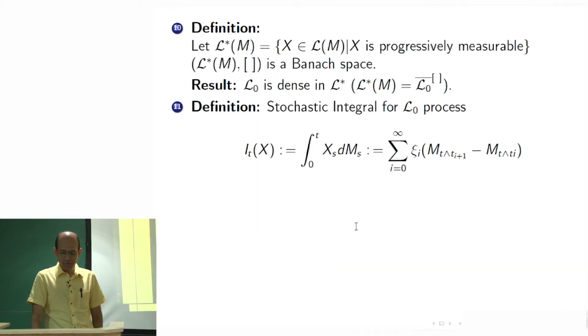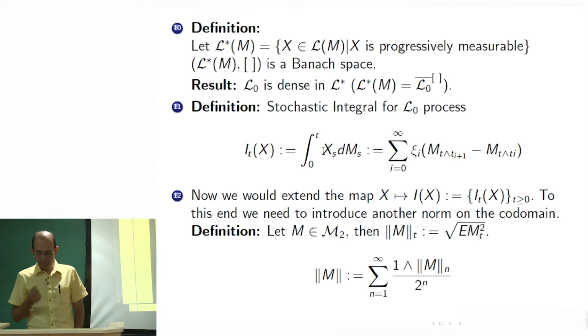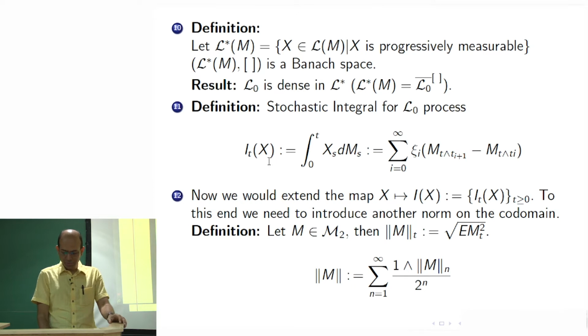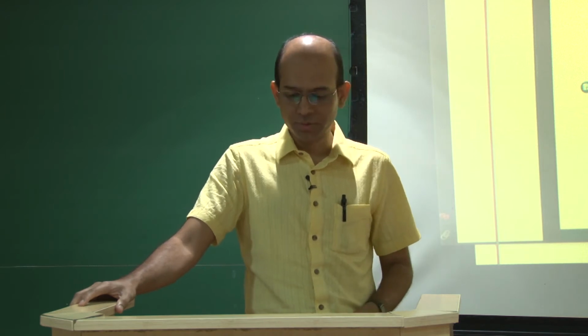Then we considered the integration of the integrand. We started only with the simple process. For a simple process, this is the direct definition: ITx is just the sum, and this coincides with the Riemann-Stieltjes kind of sense.